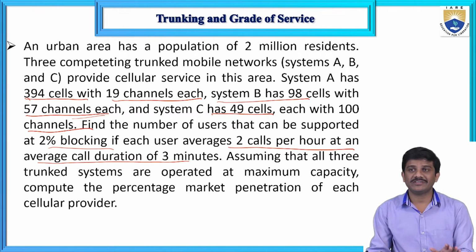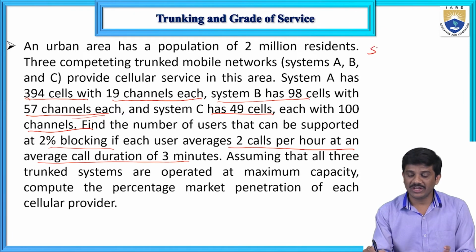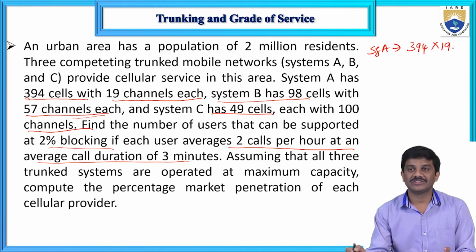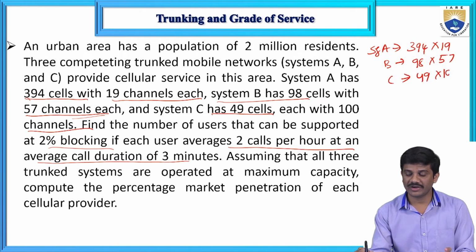Actually, what they gave in the question: system A, 394 cells into 19 channels. System B, 98 cells, 57 channels. System C has 49 cells into 100 channels.